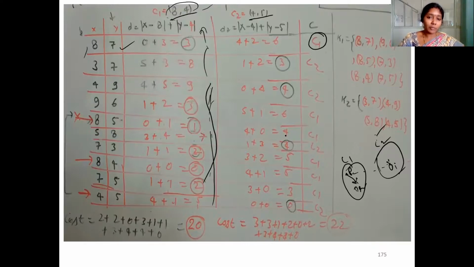You don't bother about whether a particular data point falls in the same cluster as previously. Generally, during reassignment, the position of the data points may change. Maybe in the previous iteration the data point belonged to one cluster, and after reshaping the clusters it belongs to the other cluster. You don't bother about that.